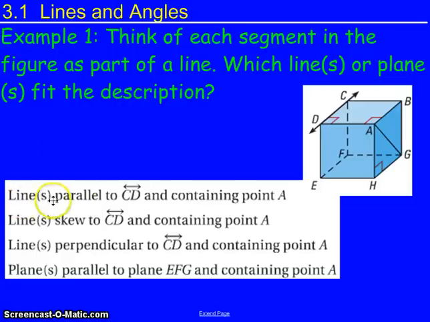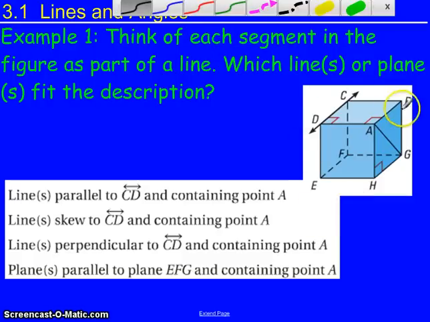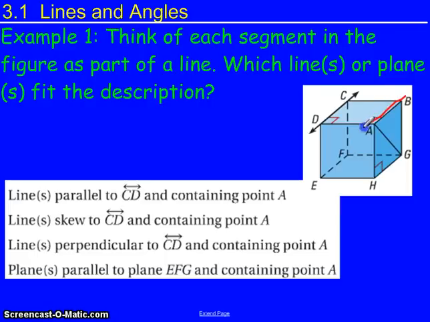So we have lines parallel to line CD and containing point A. So if we look at the picture, we can find line CD, and we've got to be parallel to CD, and we got to contain the point A. So it looks to me like we could have one right on this edge that is going to be in the same plane because it sits on top right here, but it's not going to intersect ever with CD.